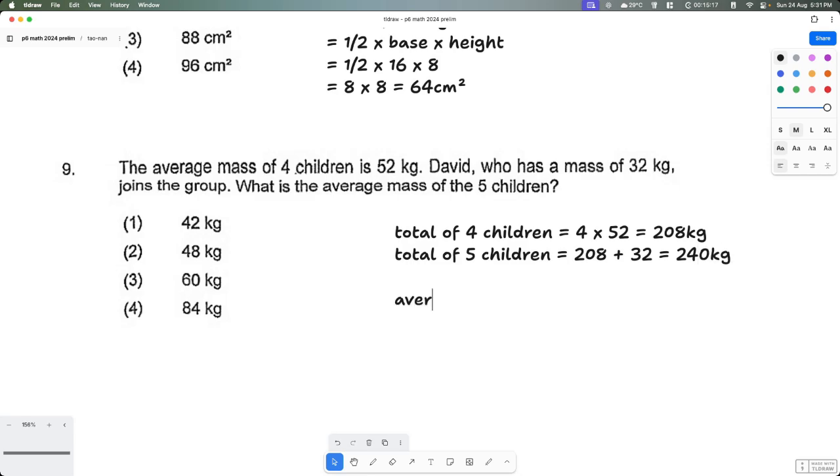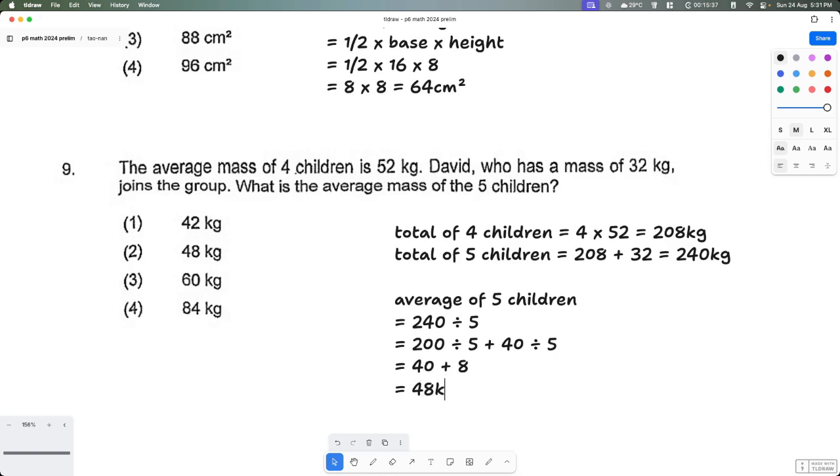So the average of 5 children is equal to 240 divided by 5, which is 200 divided by 5 plus 40 divided by 5. This is 40 plus 8, which is equal to 48 kg. Right, so there you go. Question 9 is option number 2.